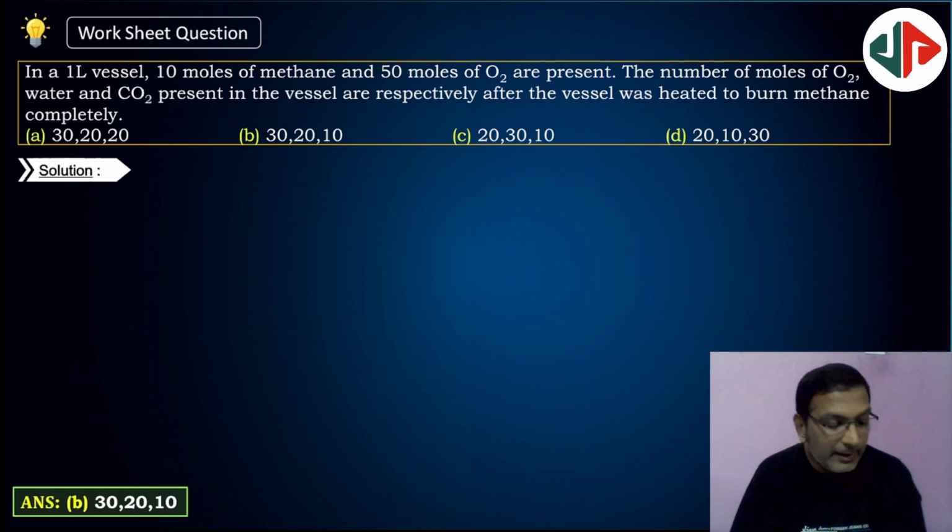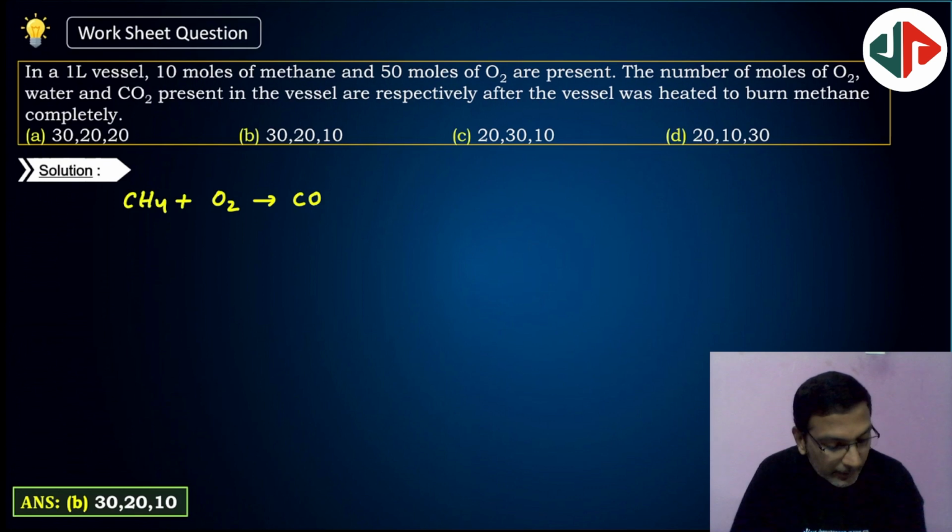Take here, in a 1 liter vessel, 10 moles of methane and 50 moles of O2 are present. Find the number of moles of O2, water and CO2 present in the vessel after the vessel was heated to burn methane completely. That means simply combustion of methane. Methane on combustion, that means reaction with O2, gives CO2 plus H2O.